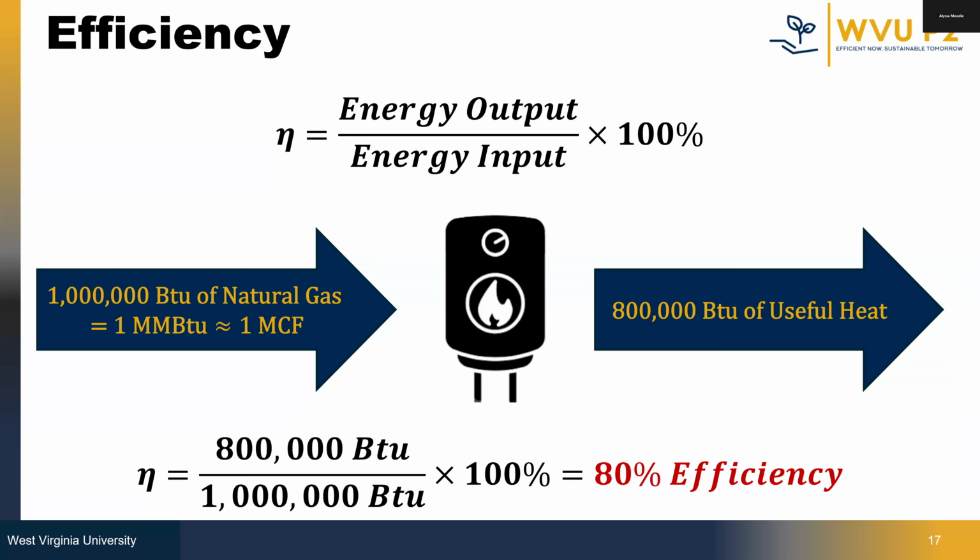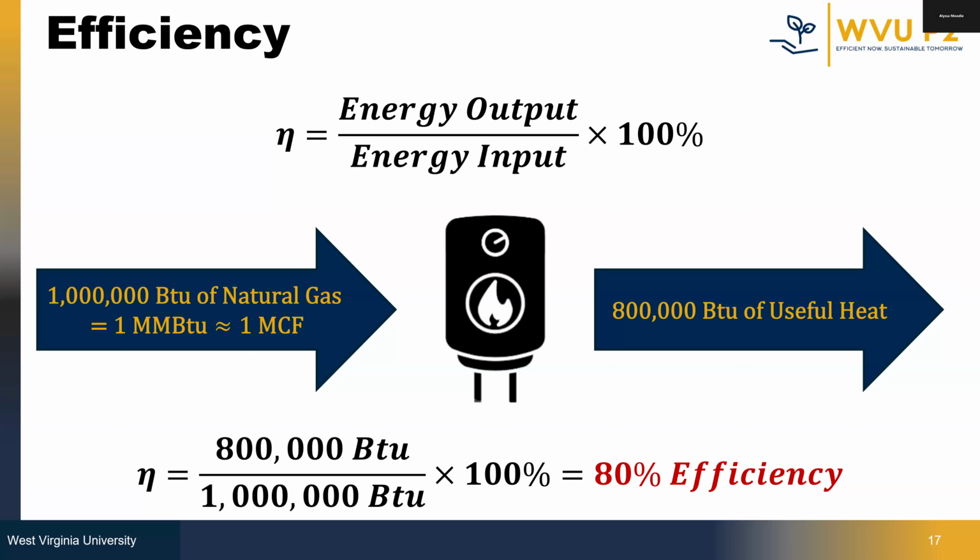So if our boiler is 80% efficient, that means that we should be getting 800,000 BTU of energy out of that 1 million BTU worth of natural gas that was sent into the boiler. And that 80% should be transferred into the steam, in this case, as useful energy.